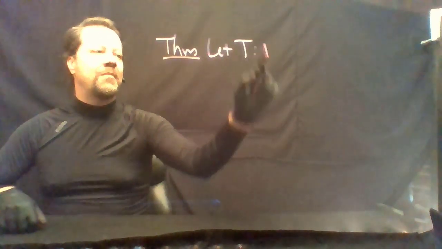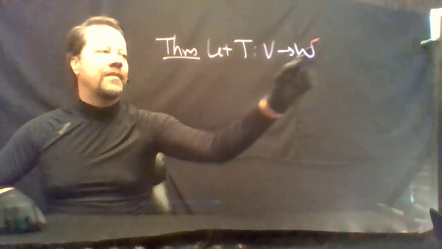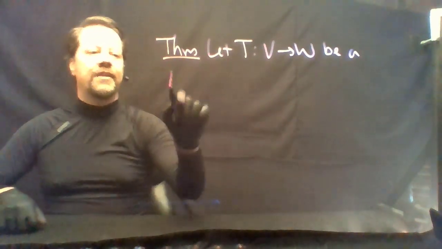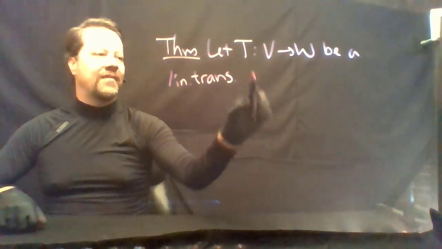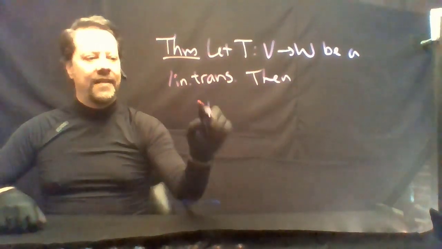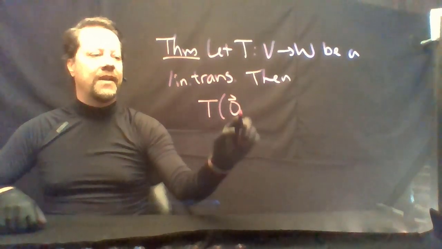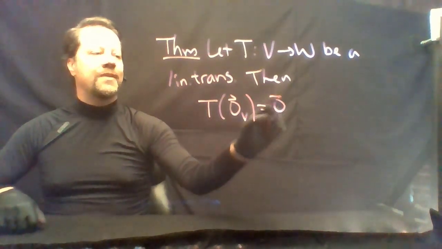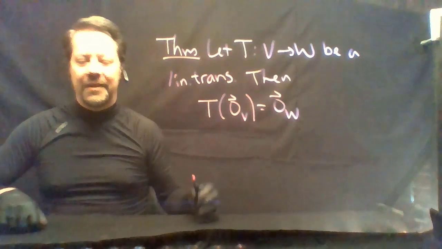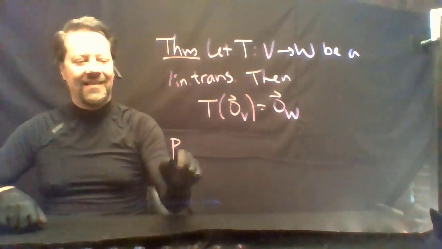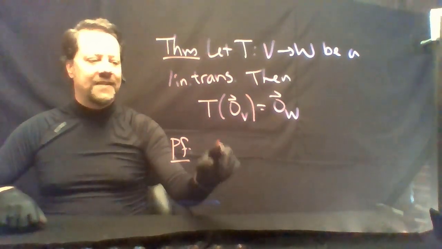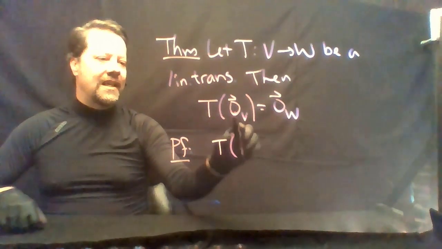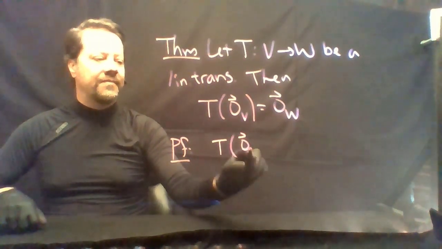There are certain facts that we can prove about all linear transformations. Let T map V into W be a linear transformation. Then T takes the 0 in V and outputs the 0 in the vector space W. Let's prove this. Take T of 0.